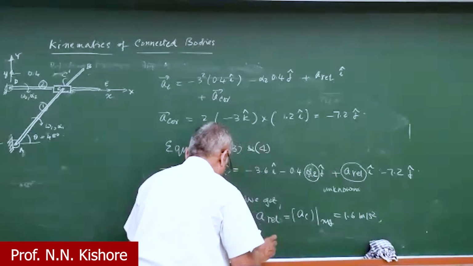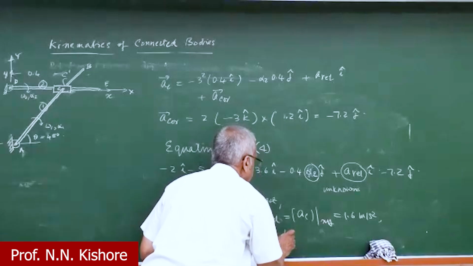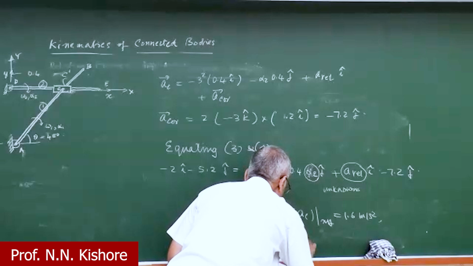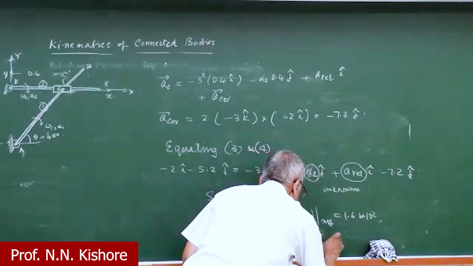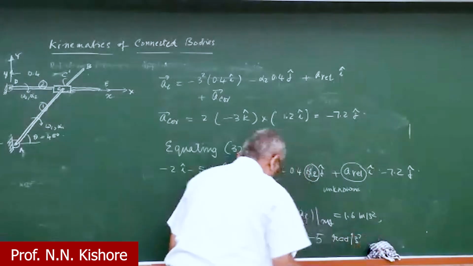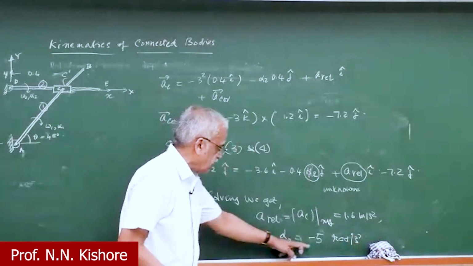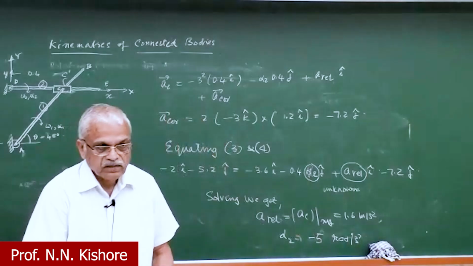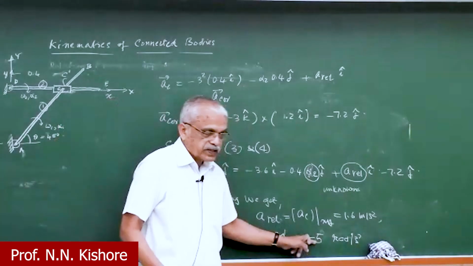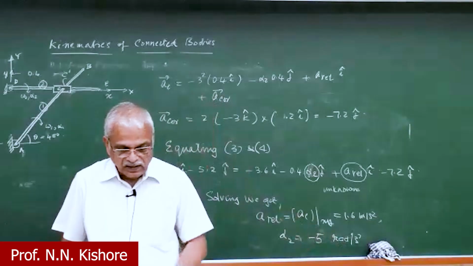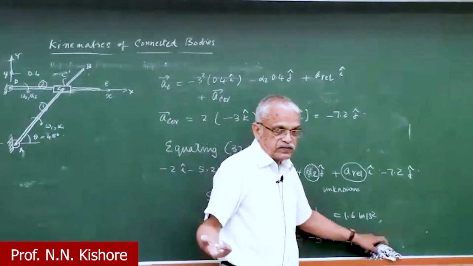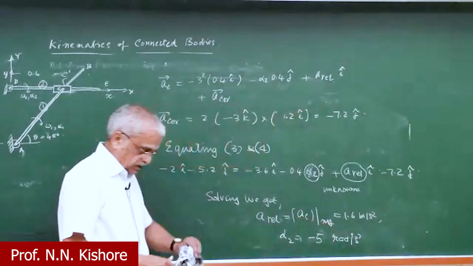And then we have alpha 2 as minus. So which means that the alpha 2 is, we are taking it to be clockwise. So while you got a negative, which means that you have a positive, you are going in the opposite direction of clockwise, which means that it's counterclockwise.